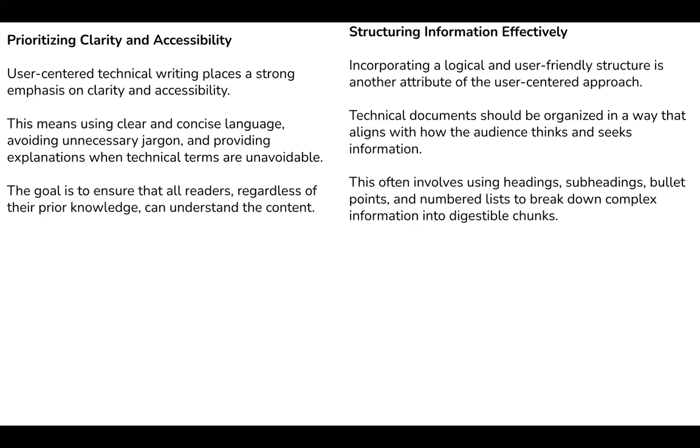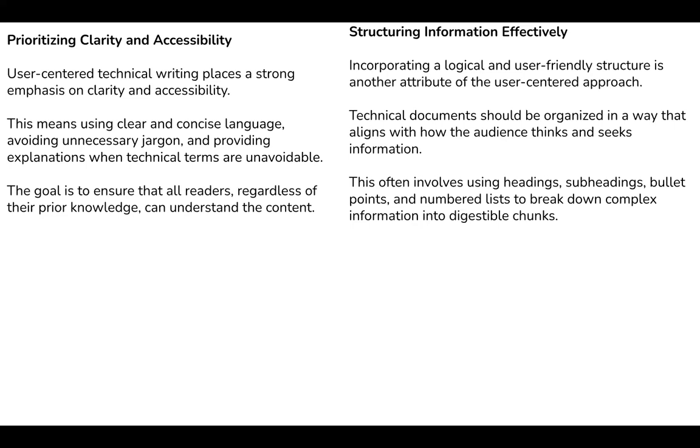Structuring information effectively, as we've seen in previous classes, involves using headings, subheadings, bullet points, and numbered lists to break down complex information into digestible chunks, right? You use these where necessary, where you know they are necessary for the audience. Because remember, you already know your audience, so you are putting them at the center of everything you are doing.